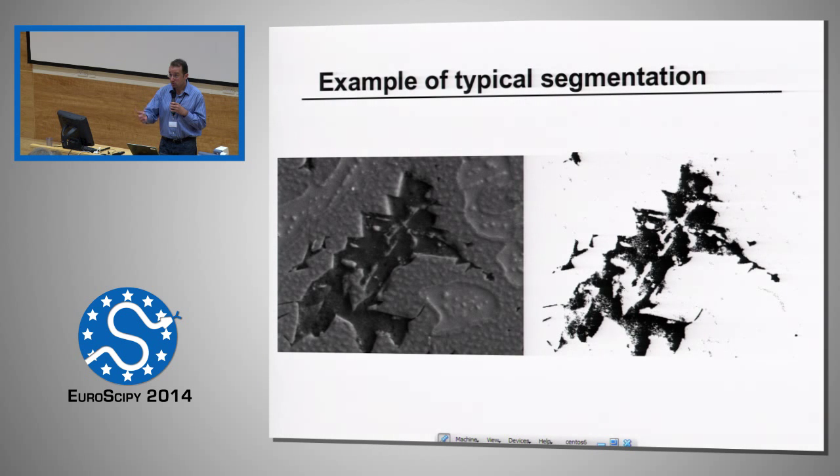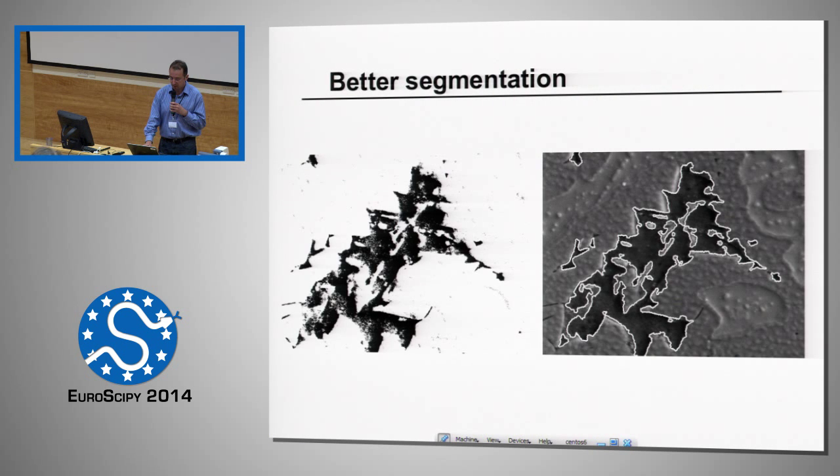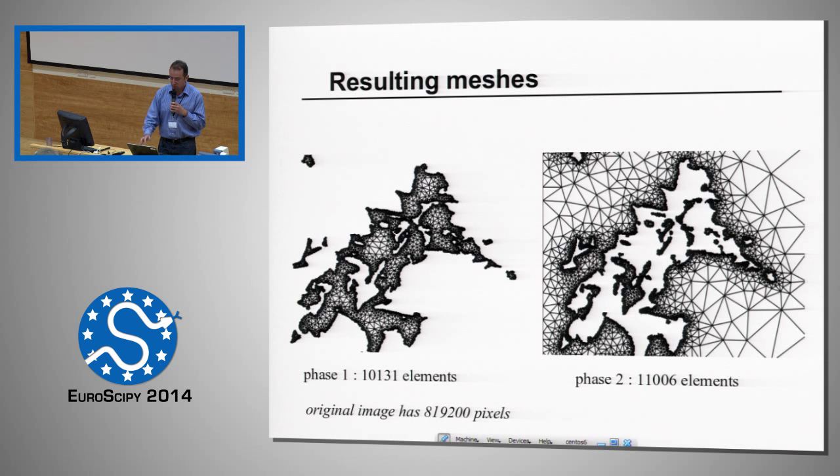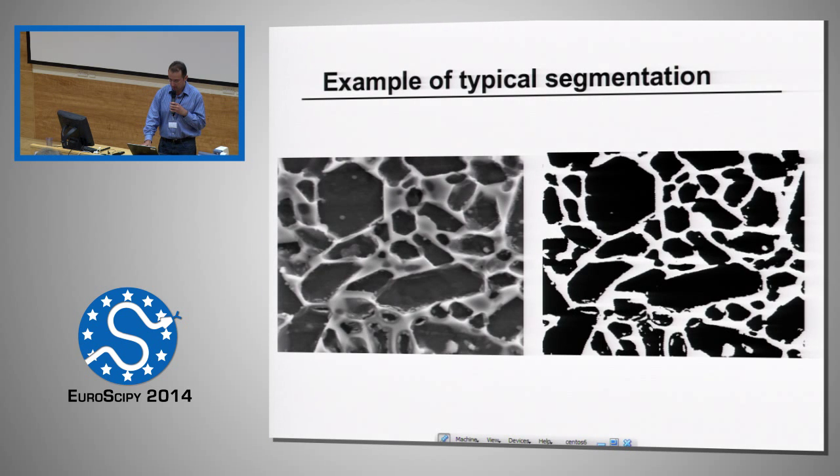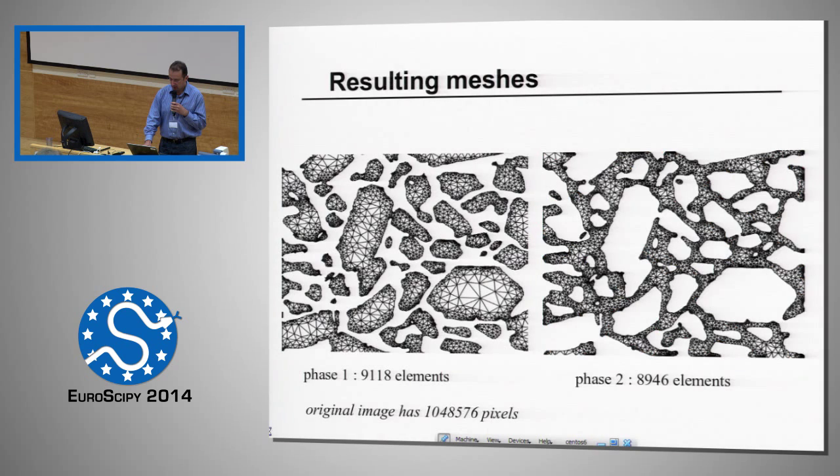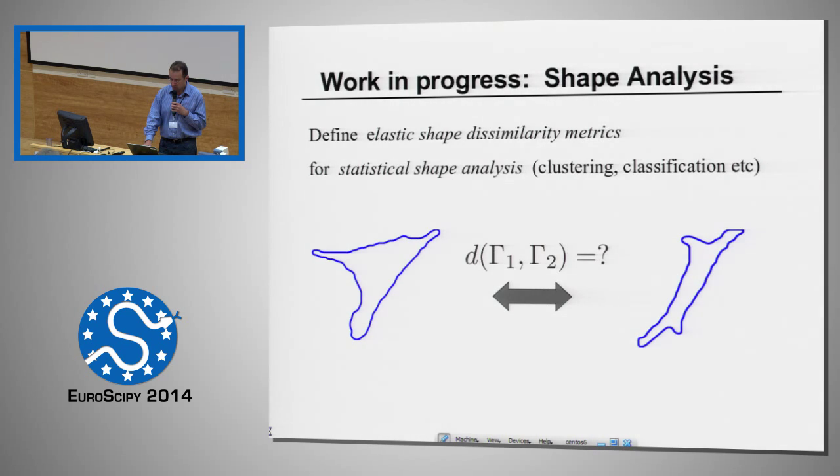So here is another example of thresholding in this situation, and you can see the stray pixels or mislabeled pixels. But if you go with the curve evolution approach, trying to identify the boundaries, you can get very nice boundaries like this, and some triangulations for those interested. Here's another example of thresholding segmentation and the resulting boundary meshes.